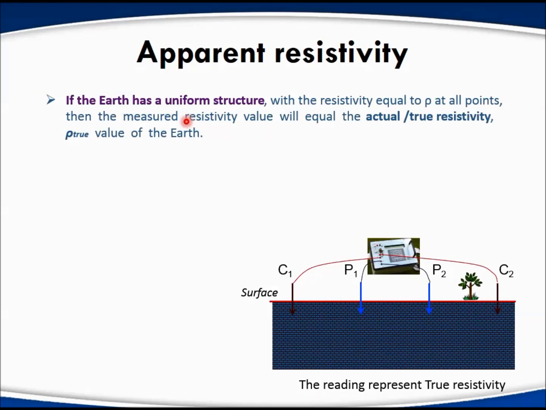Now we move to what we call apparent resistivity. If the Earth has a uniform structure, the resistivity will be equal to rho at all points. Then the measured resistivity value will be equal to the actual or true resistivity of the Earth.